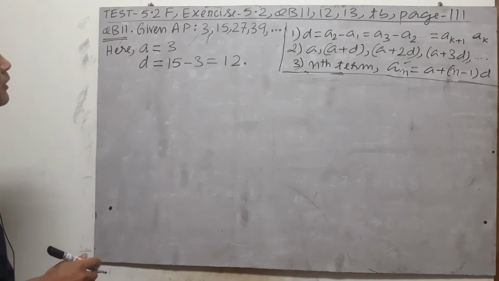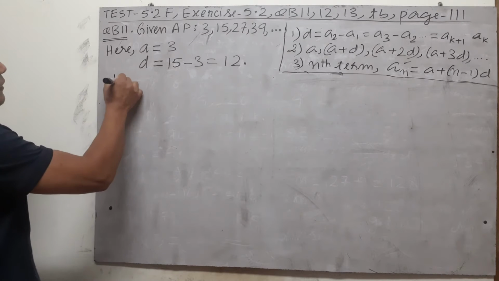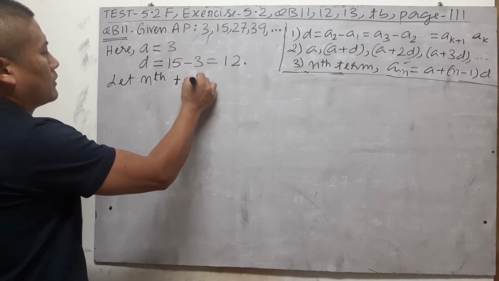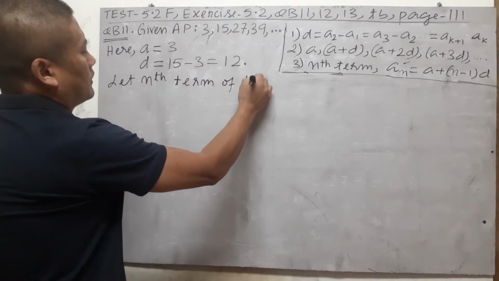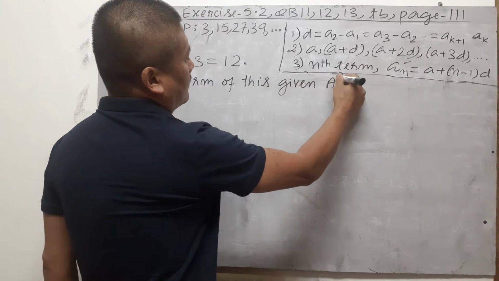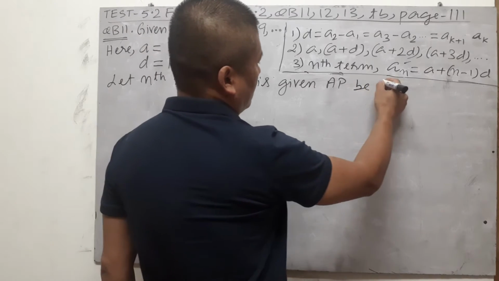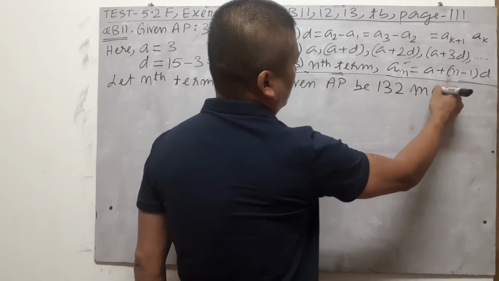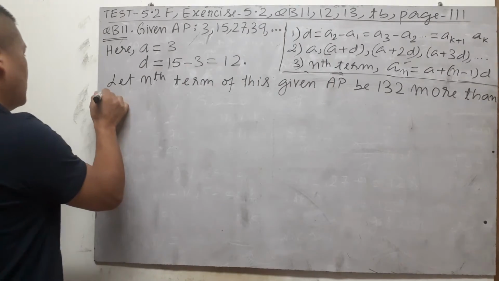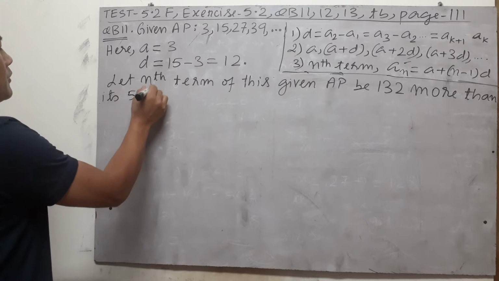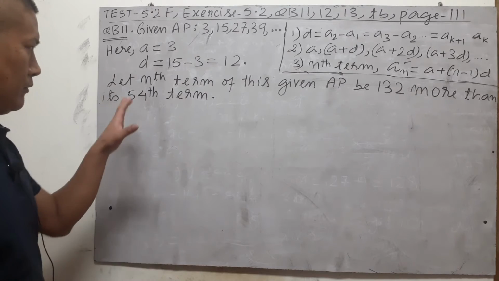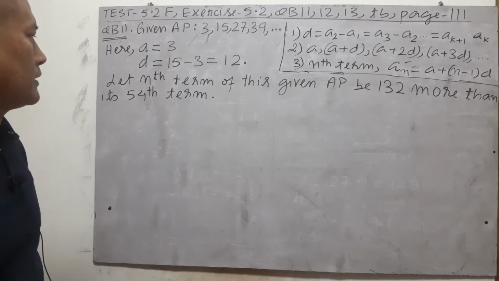So let nth, we don't know, so let's just put nth term of this given AP be 132 more than its 54th term. So that's what we're putting. So we are assuming that the term we need to find is the nth term.